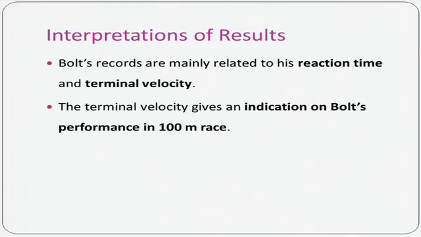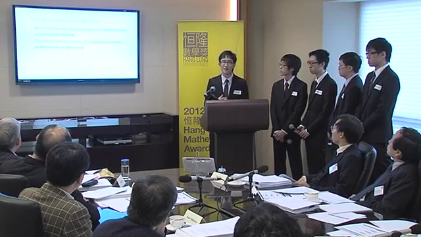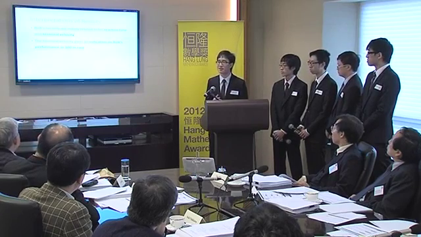First, Bolt's record is mainly related to his reaction time and terminal velocity. Since terminal velocity Vt is proportional to f minus f0, it is a good indication of Bolt's performance in the race, which means the higher the value of Vt, the better the performance of Bolt.